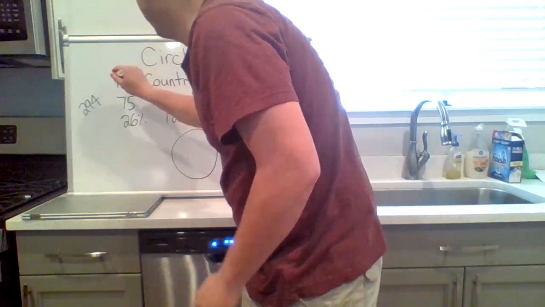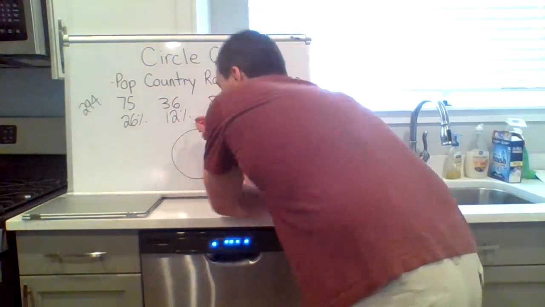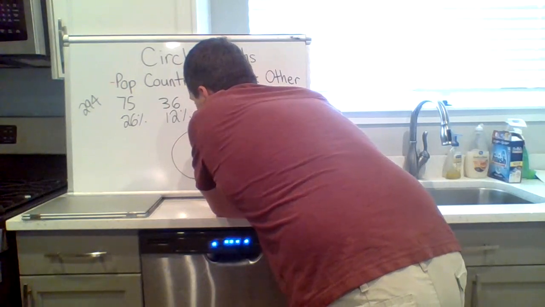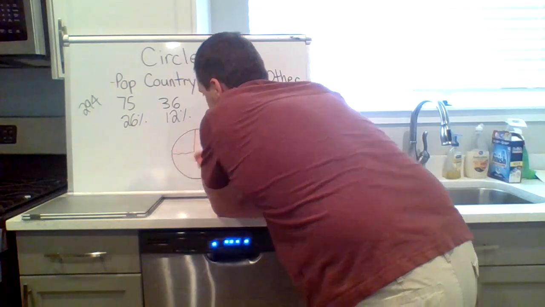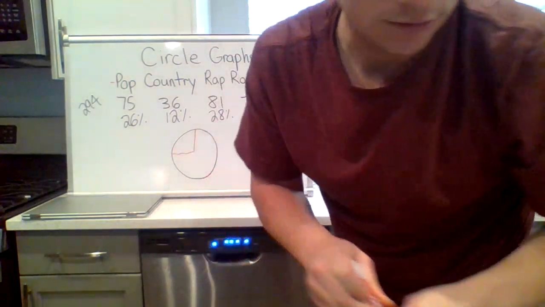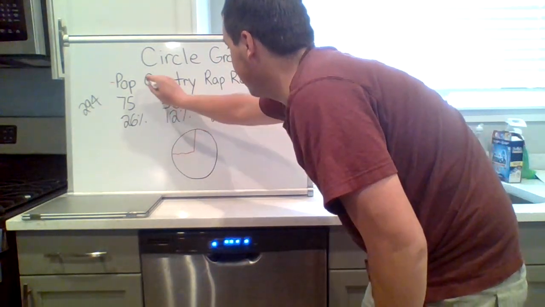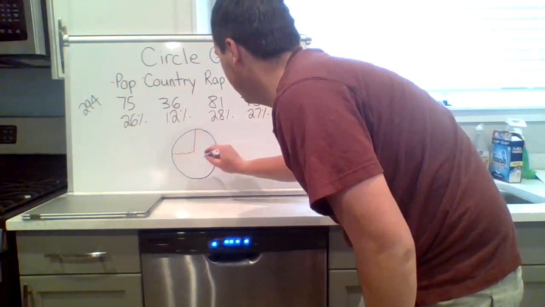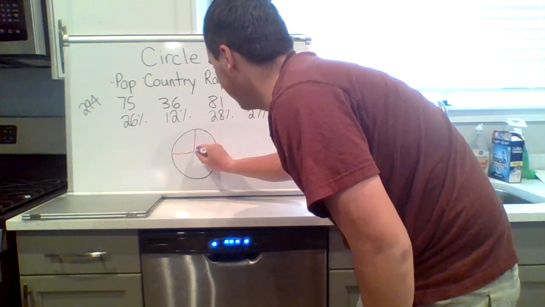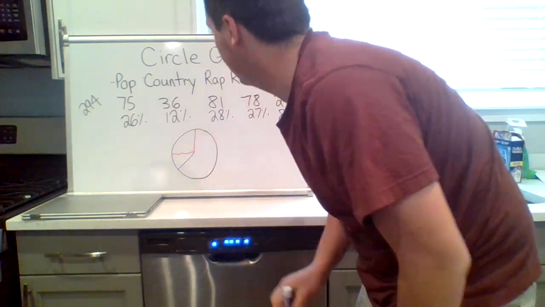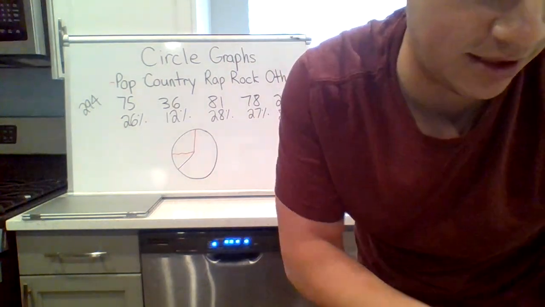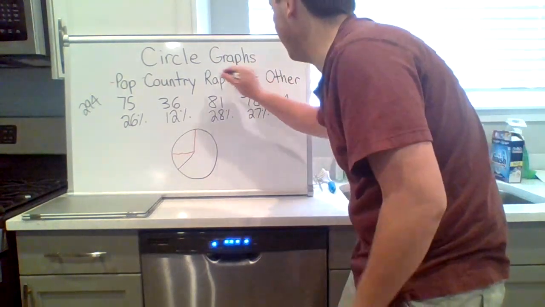So, pop fans will be red. 26%, that's slightly more than 1/4. In purple, 12% country. That's less than 1/4. Okay, rap fans in blue, 28%.